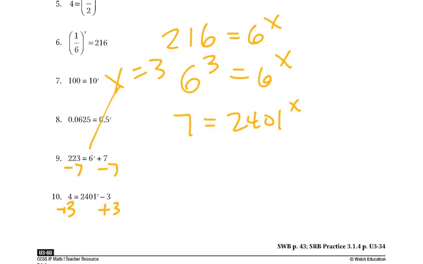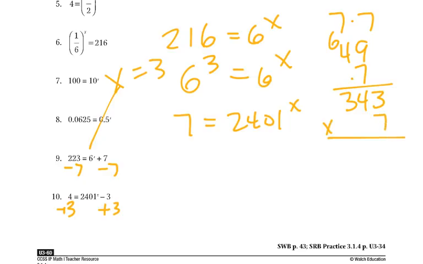So, I think what they're trying to make us do is go backwards on this one. So we'd have to go 7 times 7 is 49, times 7 is 343, times 7 is 2401.